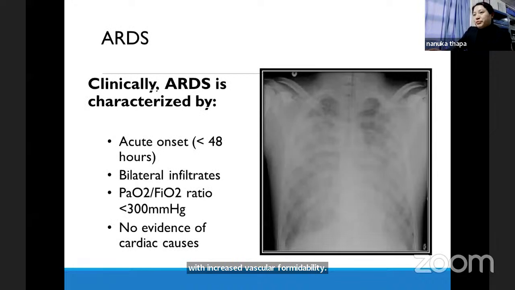ARDS is clinically characterized by acute onset of severe hypoxemia with a PF ratio, or the PaO2 and the FiO2 ratio, of less than 300 millimeter mercury, with chest X-ray showing bilateral infiltrate and no evidence of cardiac cause.